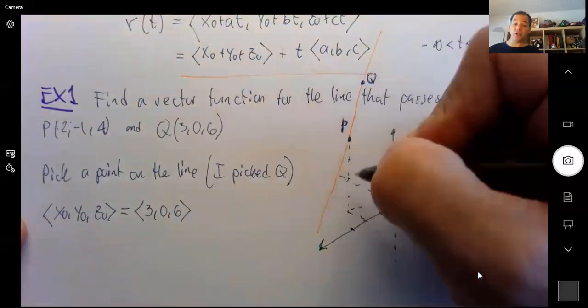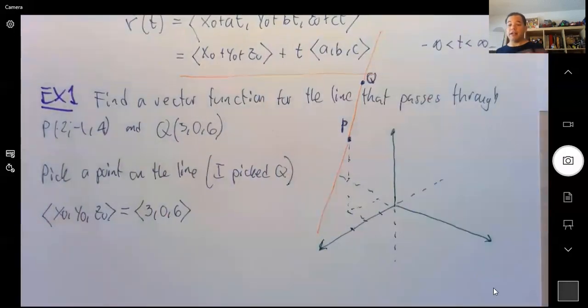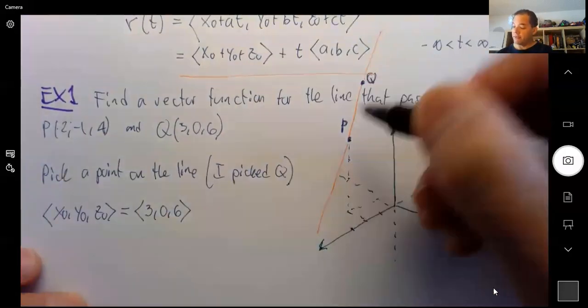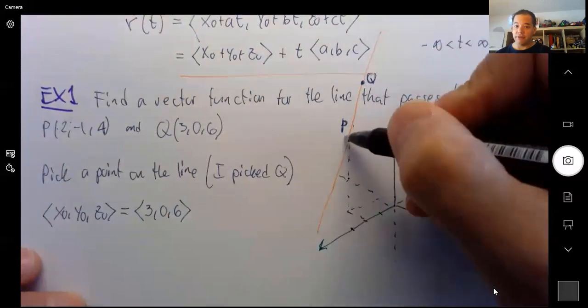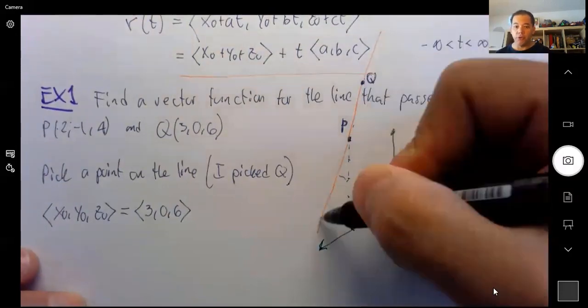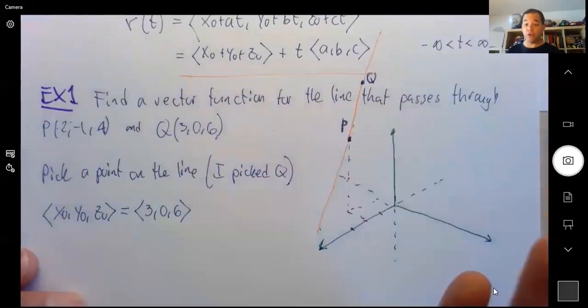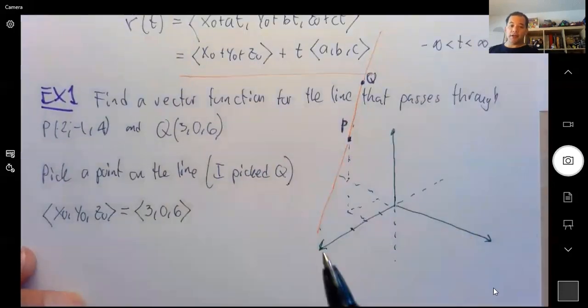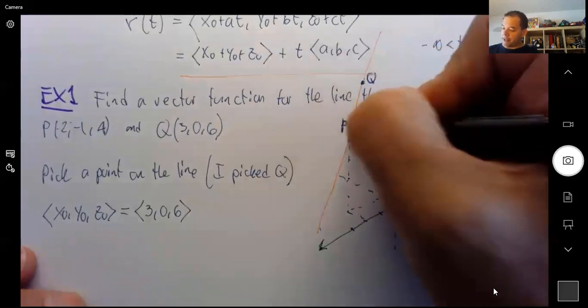Then you need the direction vector, right? And then again, here you have choices. Do you want to do the line as a line that is drawn in this direction, going from P to Q, or in the opposite direction, going from Q to P? And again, you have choices, right? So I'm gonna go from Q to P.